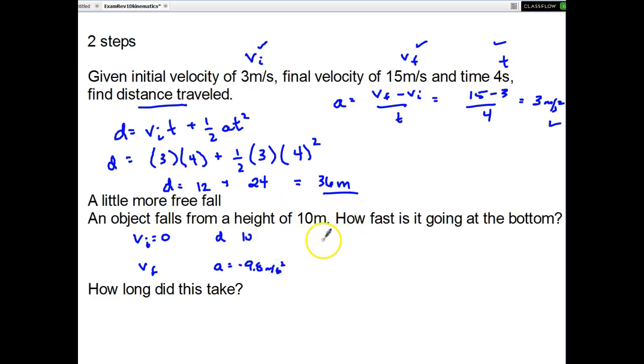Okay, so I'm going to use VF squared equals VI squared plus 2AD, putting gravitational acceleration in for my acceleration.